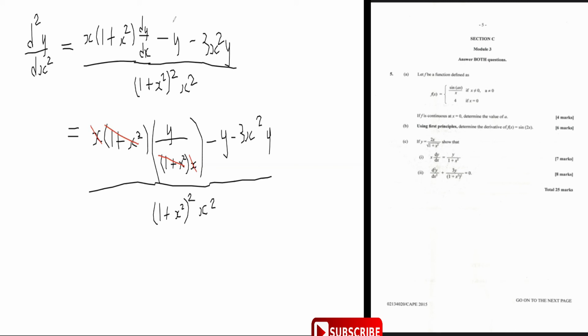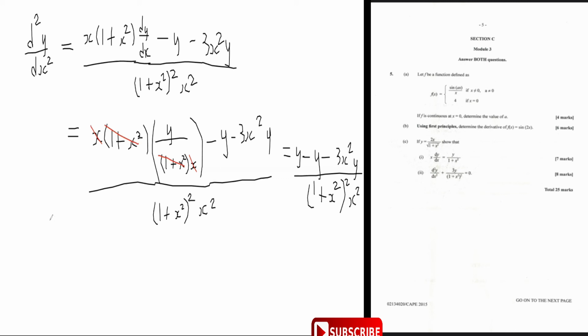Nice. So all of this is just working out, the numerator works out to be y minus y, that's gone. So it's just y minus y minus 3x squared y over 1 plus x squared, all square, times x squared. Right now it just gets so basic, it's so boring now.